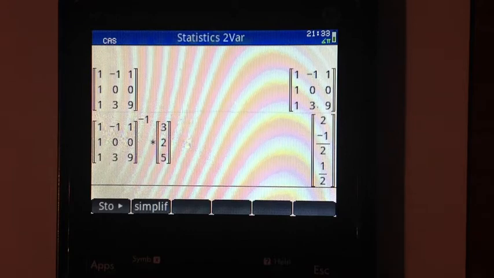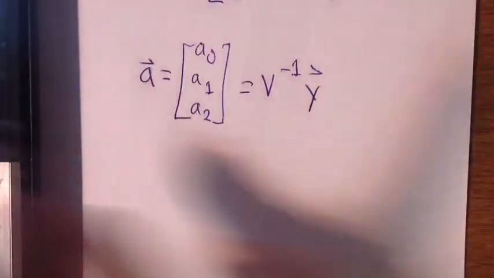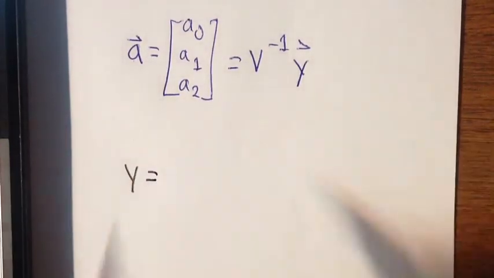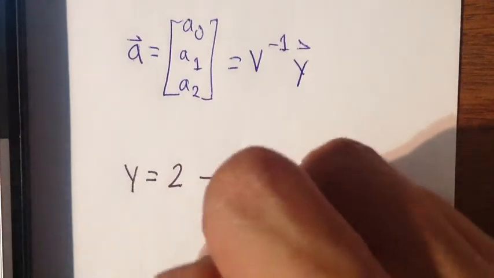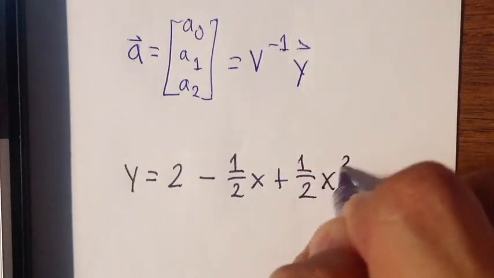And here I'm going to get my a matrix, which turns out to be 2, -1/2, and 1/2. So our polynomial of interest is going to be y equals 2 minus 1/2 x plus 1/2 x squared.